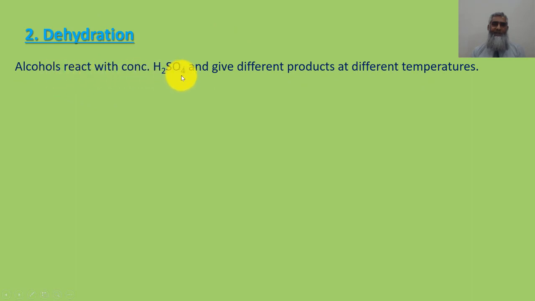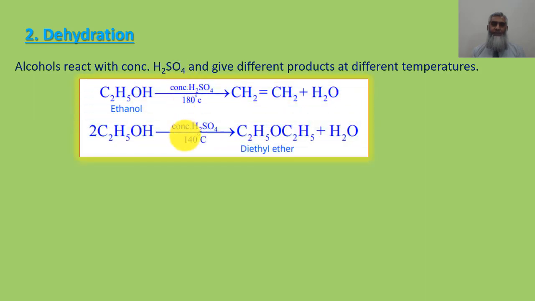Alcohols react with concentrated sulfuric acid and give different products at different temperatures, like ethanol, ethyl alcohol, on reaction with concentrated sulfuric acid at 180 degrees Celsius, the product produced will be ethene, and if the reaction takes place at 140 degrees Celsius, the product produced will be ether.